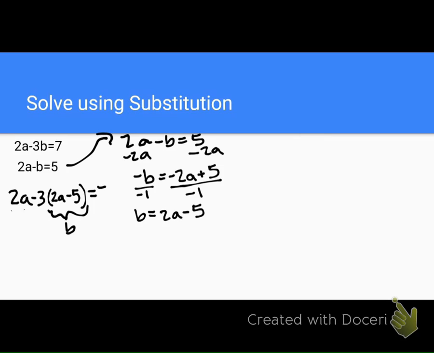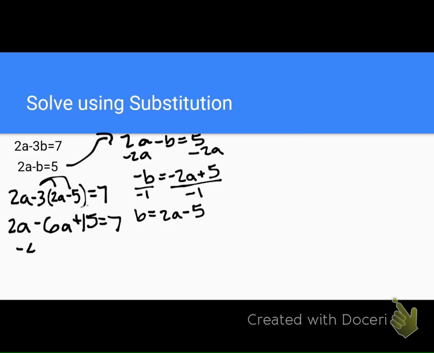And that's going to be equal to 7. Then I'll distribute the negative 3, so I get 2a minus 6a plus 15 equals 7.